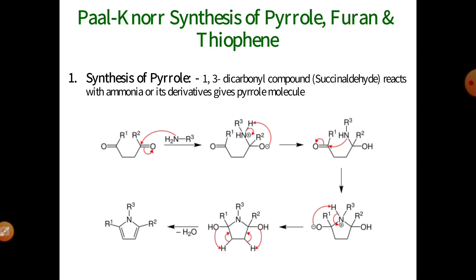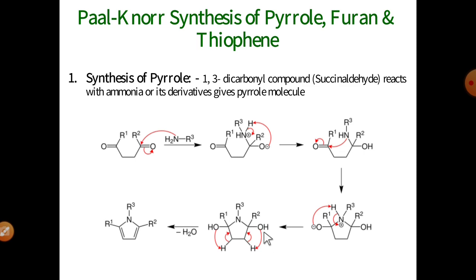This nitrogen electron pair again attacks the second carbonyl carbon, then delocalization of pi electrons towards the oxygen. Again there is O minus, and nitrogen with positive charge due to loss of electron pair. Similarly, H plus subtraction, O minus is converted into OH, and then there is neutralization of the positive charge of this nitrogen.